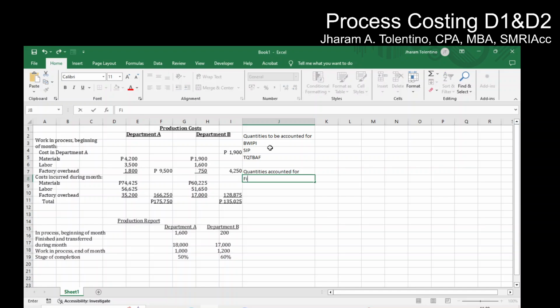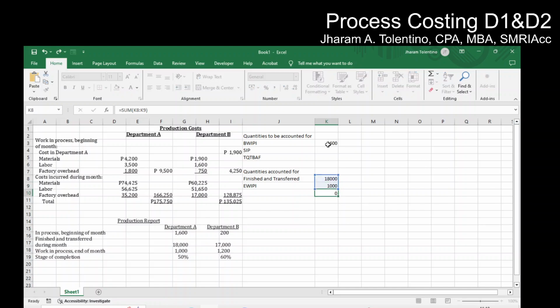So you have finished and transferred, since this is weighted average, and then we have ending work in process inventory. The details are 1,600, and then work in process at the end of the month is 1,000, and finished and transferred is 18,000.